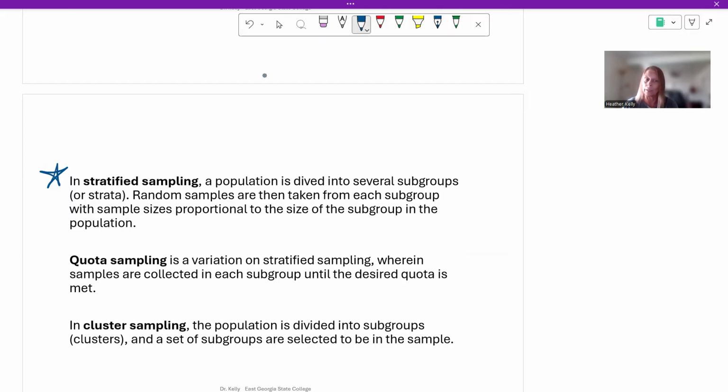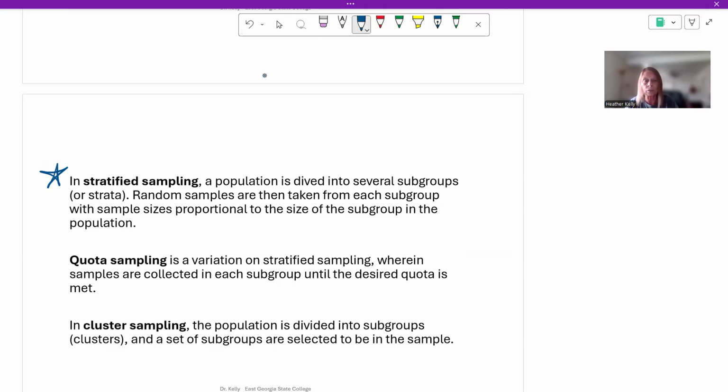Okay, quota sampling. It is a stratified sampling where the samples are collected from the subgroups until a desired quota has been met. So we have to have X number of freshmen, X number of sophomores, X number of juniors and X number of seniors in this poll that we're taking for our college campus or something like that.